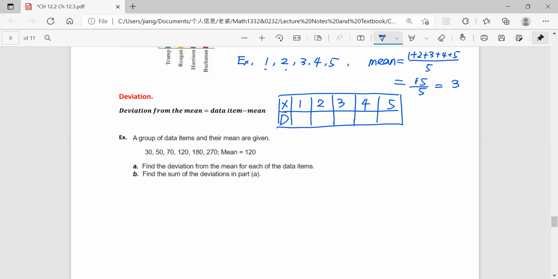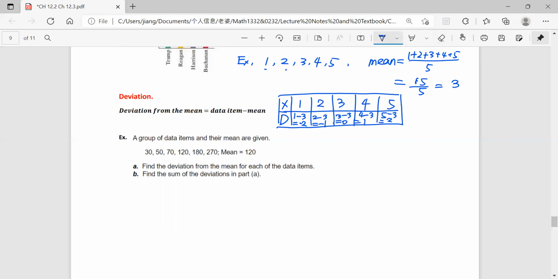So the deviation equals the data item minus mean. The data item is 1, minus mean 3, so this is -2. The next one, 2 minus 3 is -1. 3 minus 3 is 0. 4 minus 3 is 1. And 5 minus 3 is 2. So I found all the deviations for each item. That's the way we find the deviation.